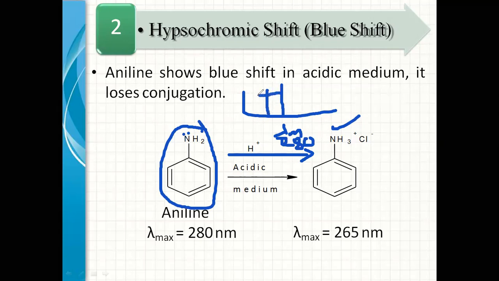So it is shifting to the left side, which is blue shift or hypsochromic shift. Understood? There is loss of conjugation and there is change of the solvent also.